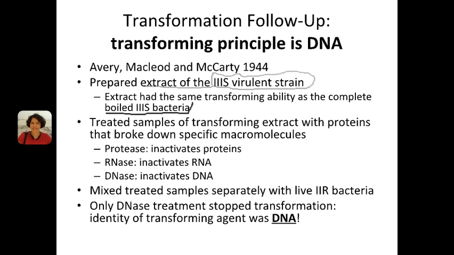They separated this extract into 3 groups, and they treated these 3 groups with 3 different types of proteins that each inactivated a different macromolecule in the extract. So they knew that the complete extract would have DNA, and it would have RNA, and it would have protein.